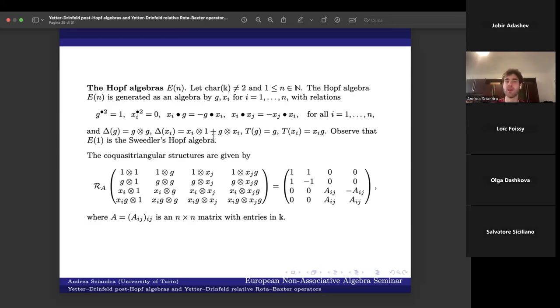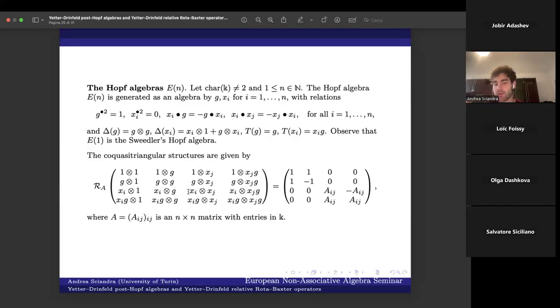One can see that if we consider E_1, so just with one X, we recover exactly the Sweedler algebra. Also for this, we have a quasi-triangular structure given by this. This part is exactly the same as for Sweedler, so 1, 1, 1, and minus 1. Also, when you have just an X on the left or right tensor, you have 0, as before.